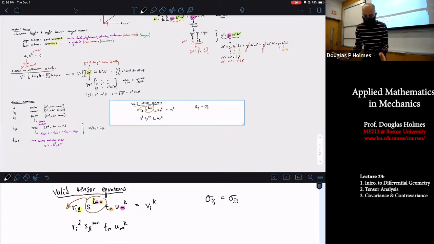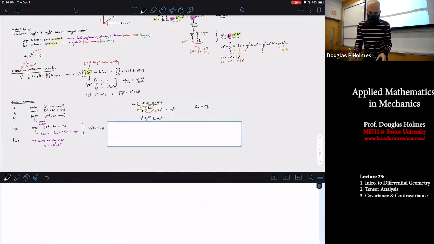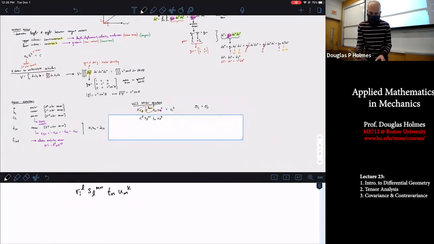Well, this is actually one of the crucial fundamental ideas in tensor analysis, and we'll call it raising and lowering indices.